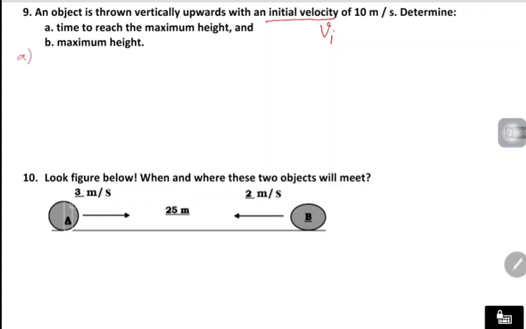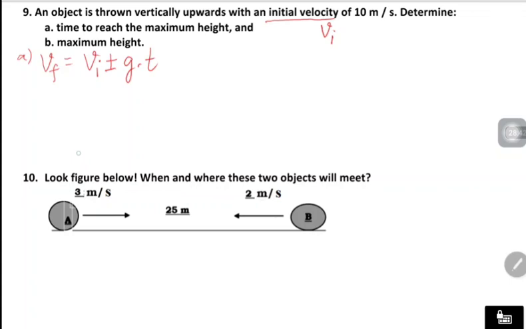In uniformly accelerated motion, we have the formula to calculate the speed: final velocity equals initial velocity plus or minus gravity times t. The acceleration changes symbol to g, gravity acceleration.